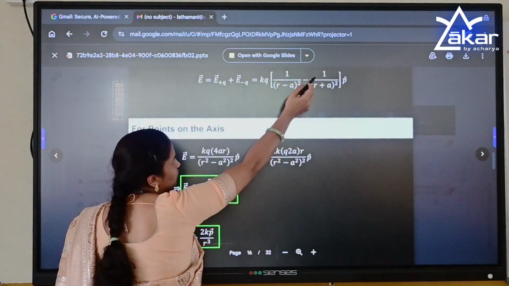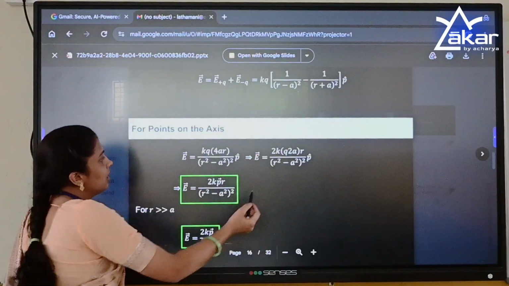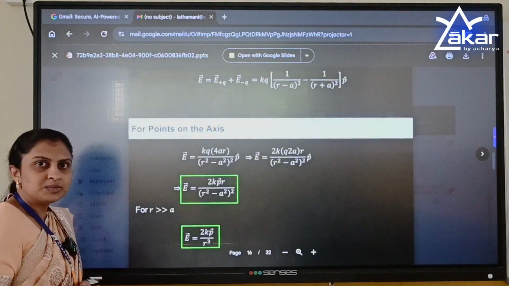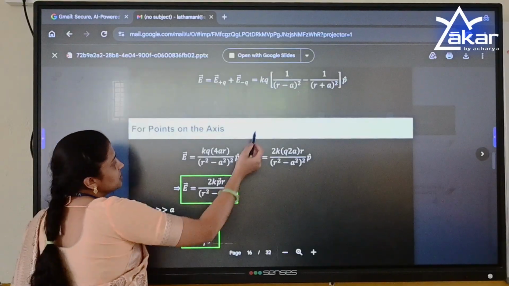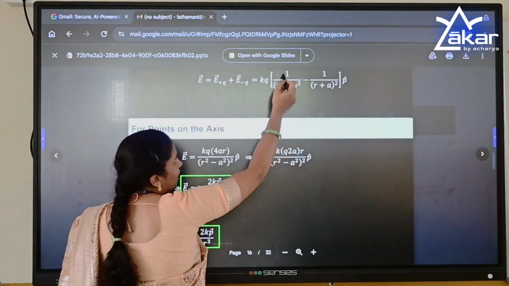If you cross multiply, you will get 4AR here. So that is (R minus A) whole square into (R plus A) whole square, that is (R square minus A square) whole square. You know the formula of (A plus B) into (A minus B). First cross multiply both of them, so in the numerator you get (R plus A) whole square.